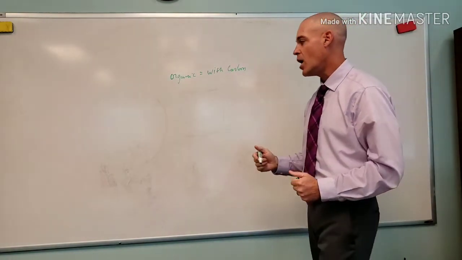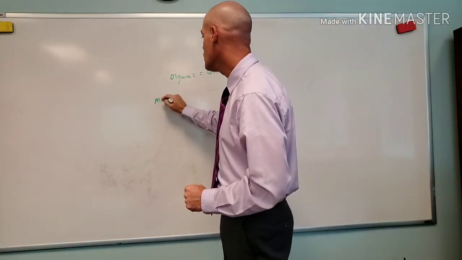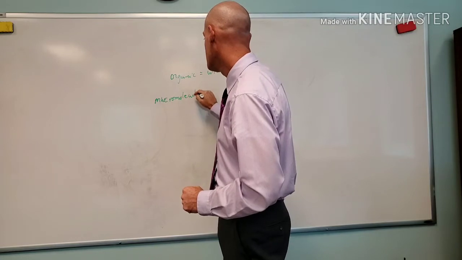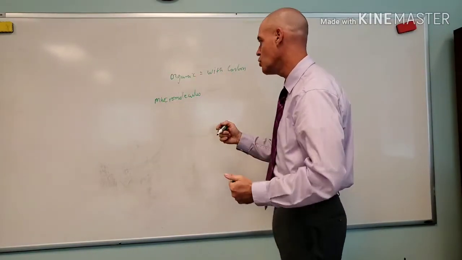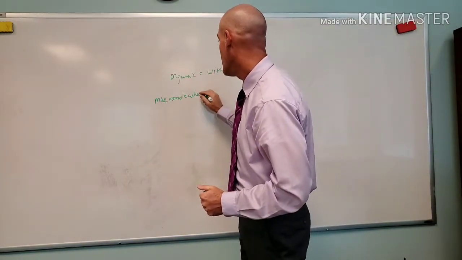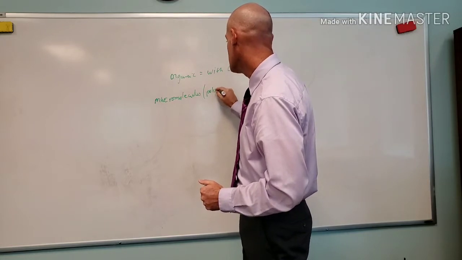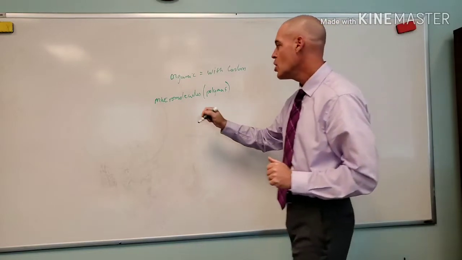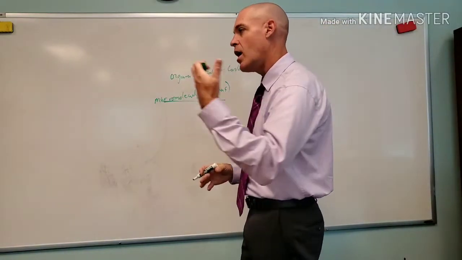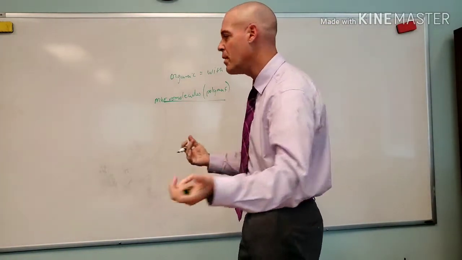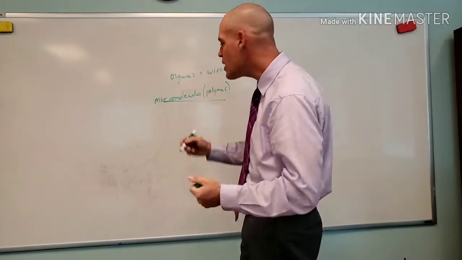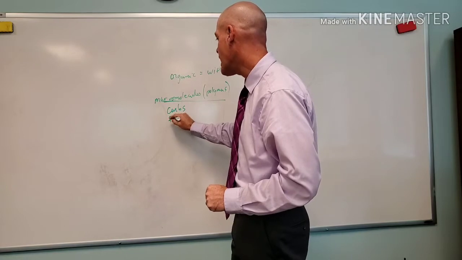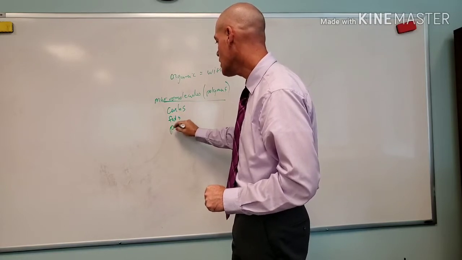In fact, when we talk about macromolecules, which again are large molecules, they're also referred to as polymers because polymers have repeating subunits. We're generally dealing with 3 big, really we could say 4 big categories, but 3 main ones, and that would be our carbohydrates, our fats, and our proteins.